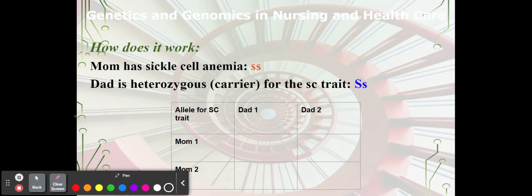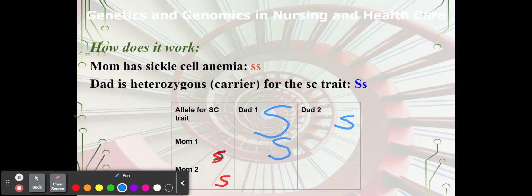So let's do it again. Mom has little s, little s. Dad has the normal gene. He is phenotypically normal, but his genotype is heterozygous. So he has the trait and he is a carrier. So let's see how this ends up.